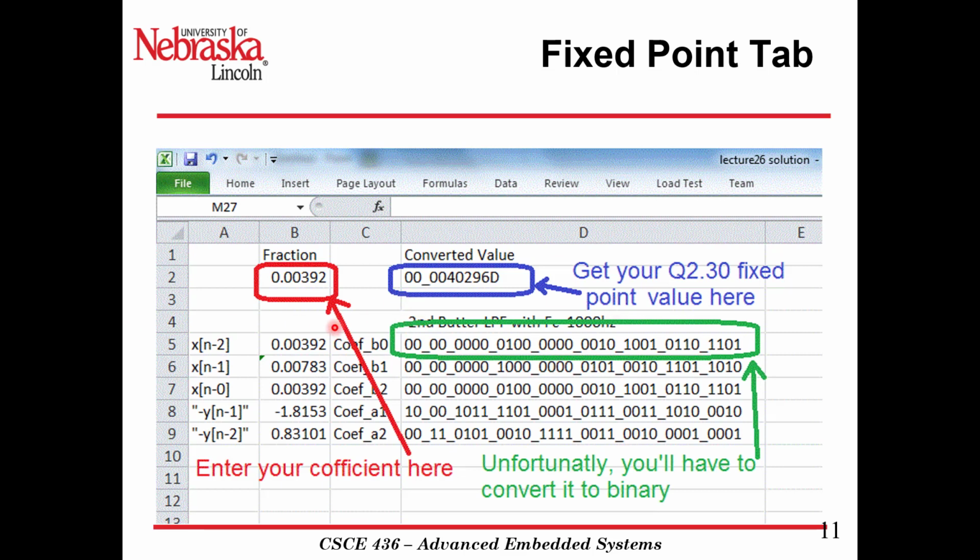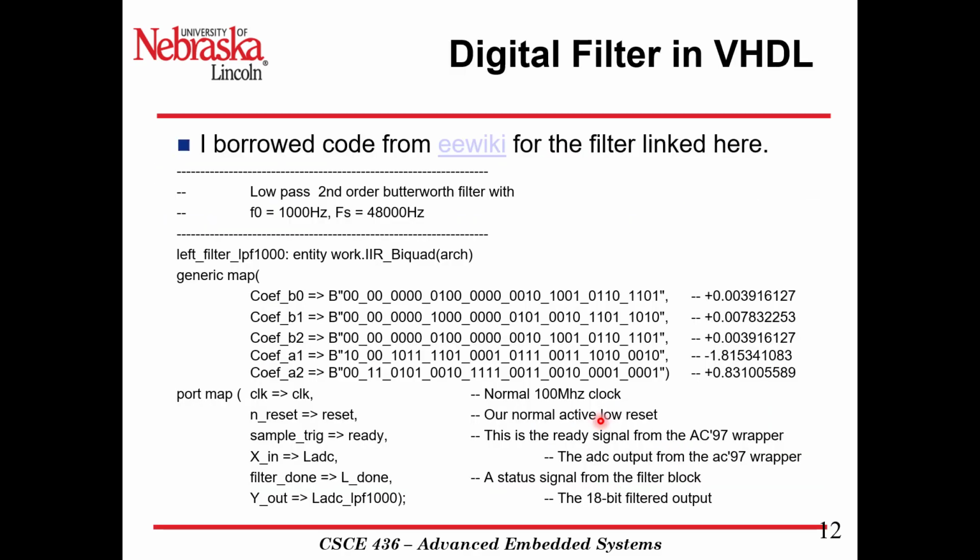So you can use the spreadsheet to actually convert those values to a binary equivalent for the coefficients, and we're going to use those data values to plug in as coefficients to our filter and see the frequency response.